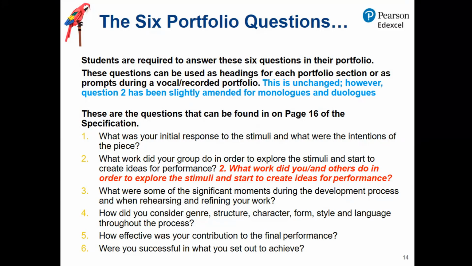However, Question 2 has been slightly amended to support candidates who work on monologues and/or duologues. So you can see in red, Question 2 now reads as follows: What work did you and others do in order to explore the stimuli and start to create ideas for performance? All of the other questions are unchanged.